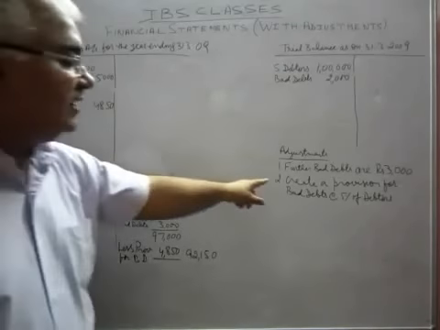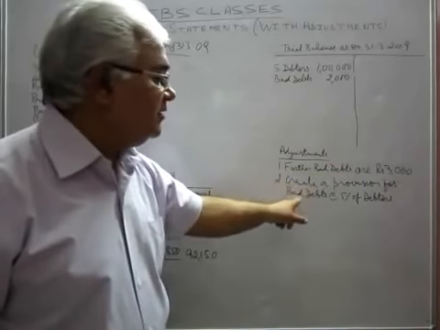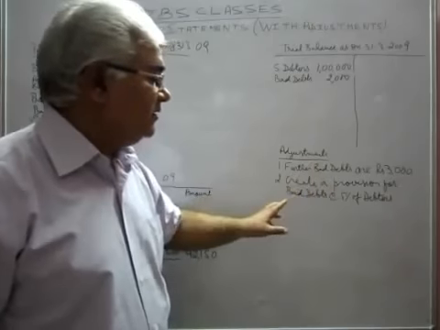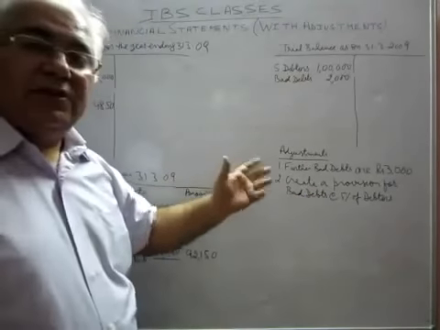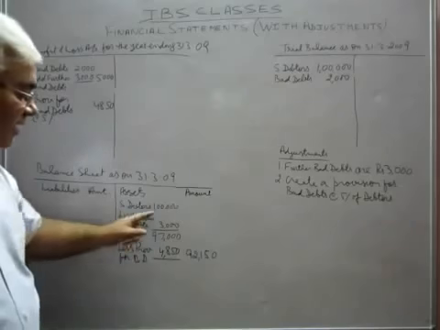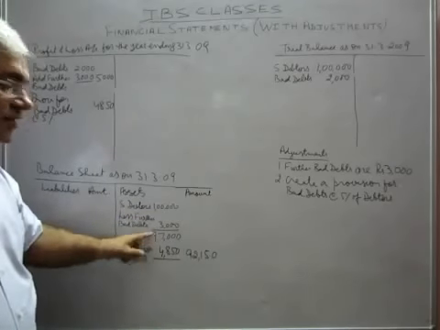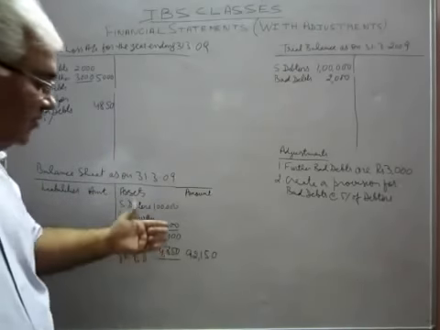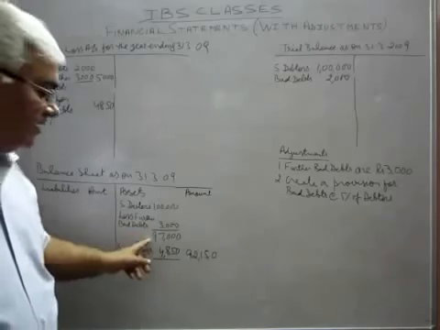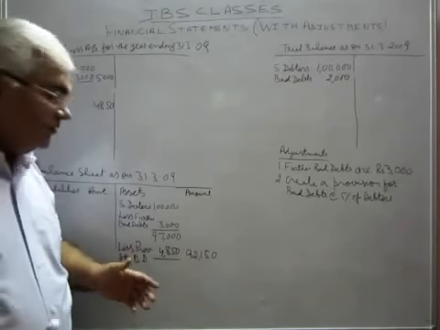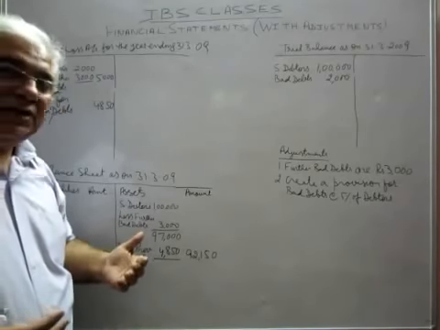Actually, here you are given that create a provision of 5% of debtors, right? Now, which debtors? Which amount of debtors? Debtors are 97,000. That is after deduction of all the bad debts. Final debtors are 97,000. 5% of that we have created provision.